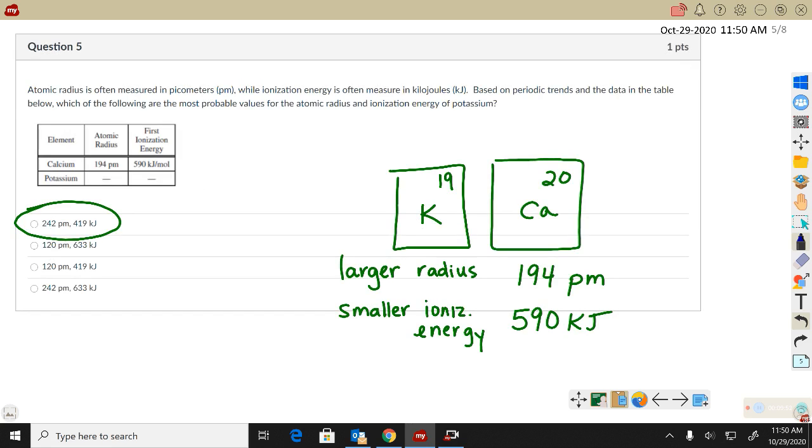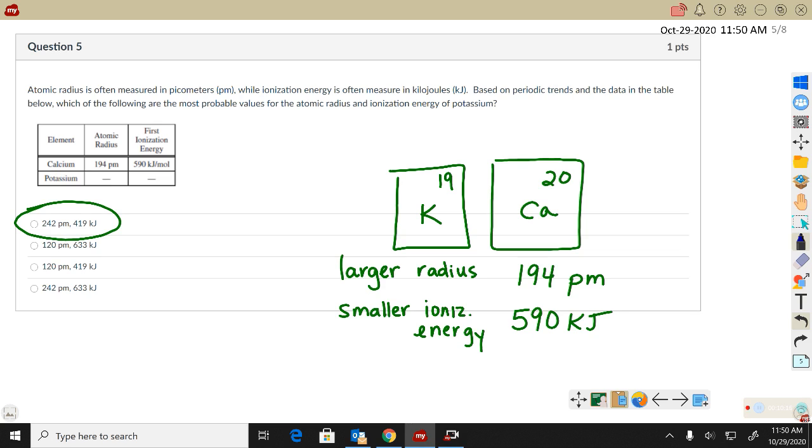Here's a good question. Don't get so bogged down by the numbers or these units. We just want to think about the trends in radius and ionization energy going across. And so I looked at my periodic table to find potassium and calcium. They're right next to each other going across the period.